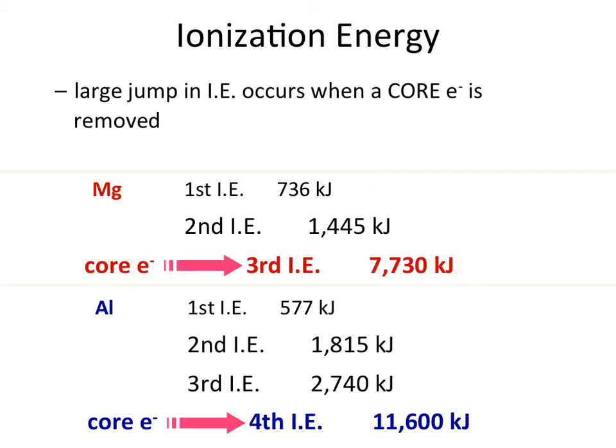Initially they want to give up their electrons, they're fine with doing that. However, when we start trying to remove core electrons, the stability that's afforded makes it very energetically unfavorable to remove that electron. So we have to put a lot of energy in to disturb those core electrons. In the case of aluminum, aluminum wants to give up its 3 electrons in order to have the noble gas electron configuration.